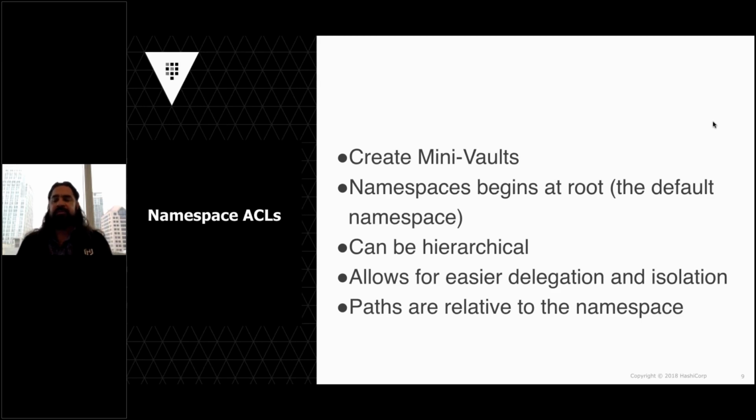And so we can consider this to maybe be something along the lines of Vault as a service, really, as we start to get into more complex hierarchical needs. As I was saying, this allows for massively easy delegation and isolation of those namespaces. And what's actually very important about this is that paths are relative to a namespace.